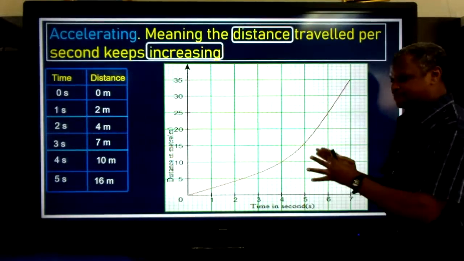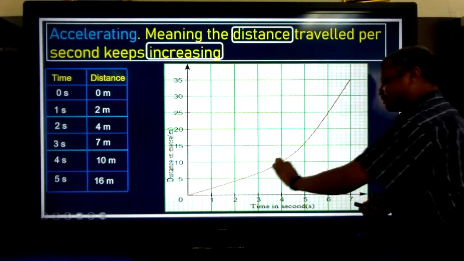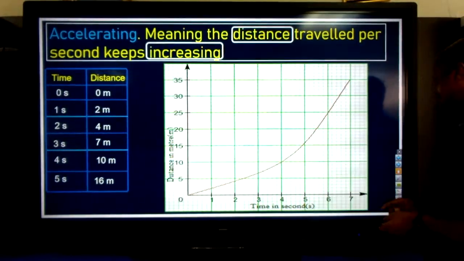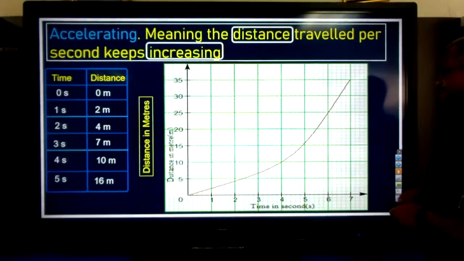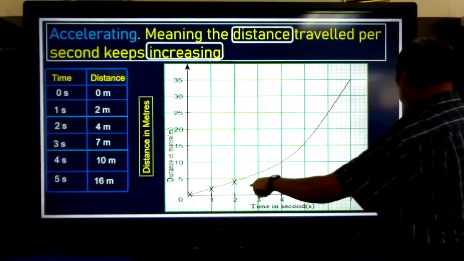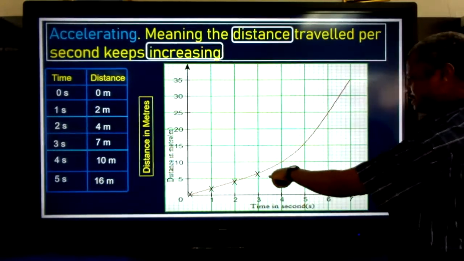Now, the graphical representation is already here. You can see the curve, showing that there's an increase in acceleration. Looking at the points, 0 at 0, then 1 at 2, then 2 at 4. There's a small problem with my graph here.